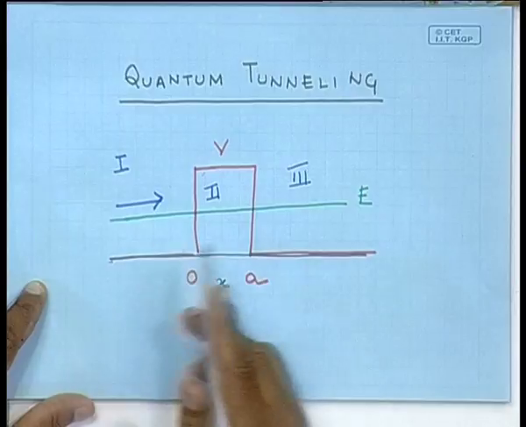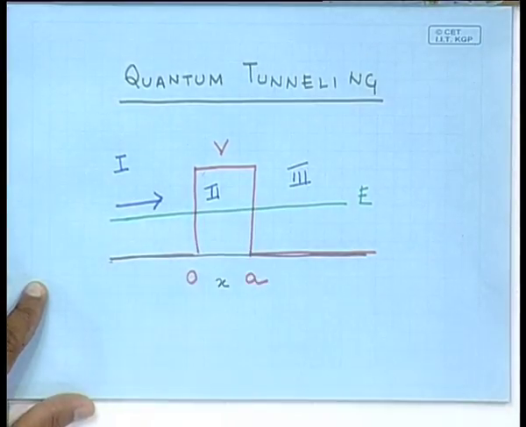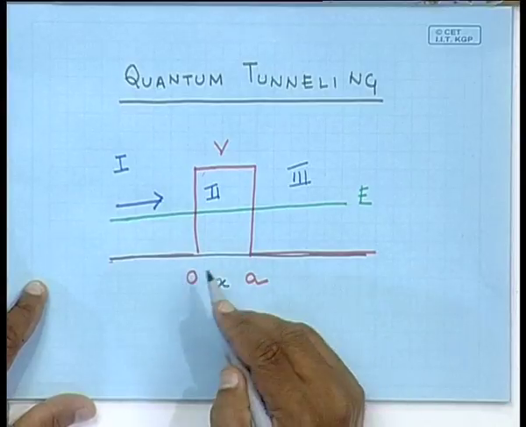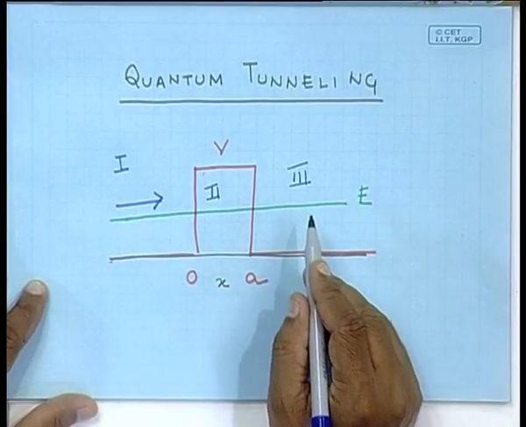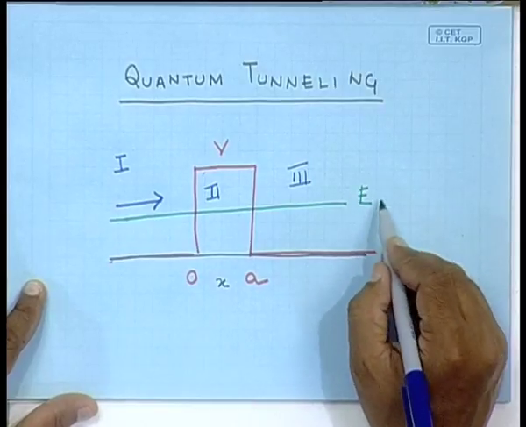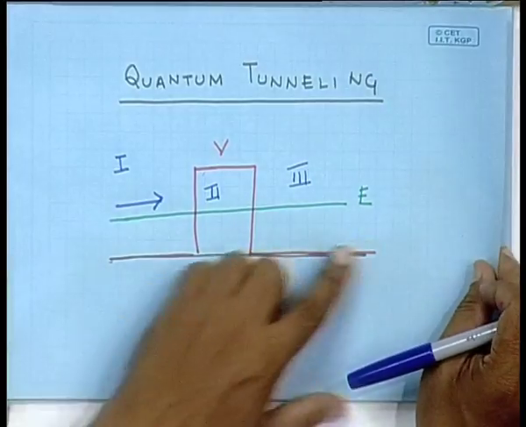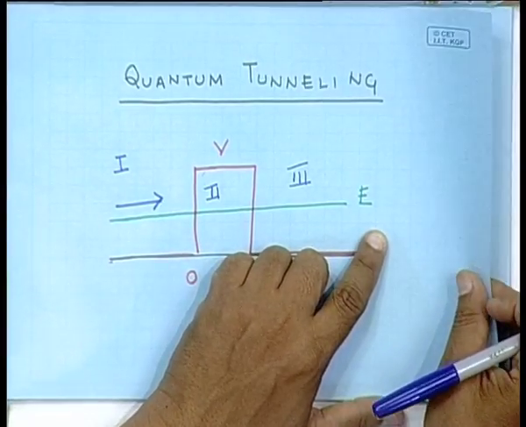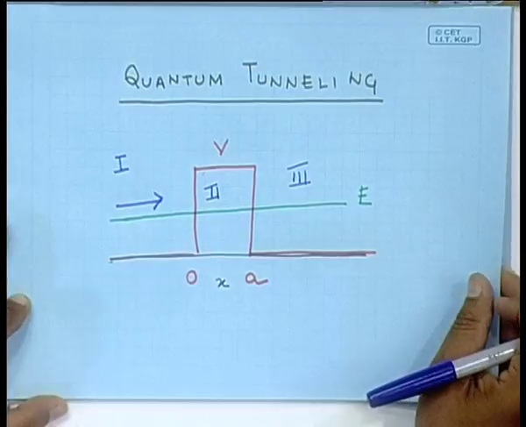Remember that whenever I have a static potential, the time part of the wave function is always going to be exponential minus i times the energy into t by h cross, where E is the energy of the particle. We have seen this in a lecture quite a few days ago, that the time part is always the same in a static potential.